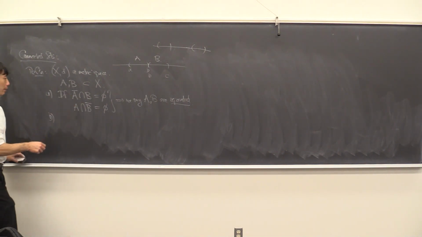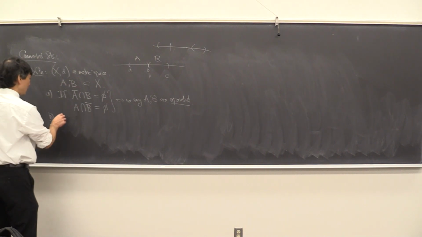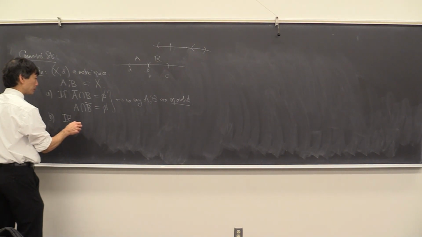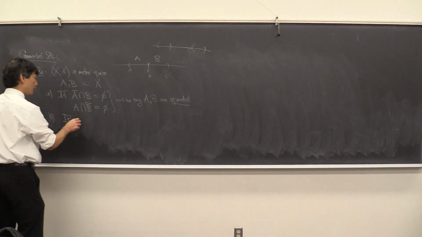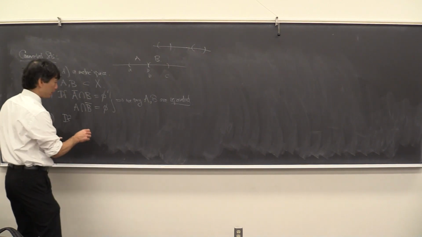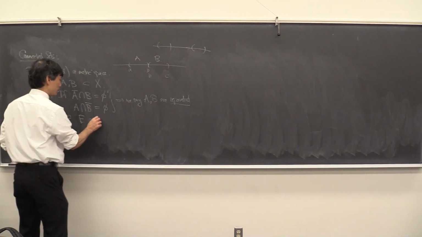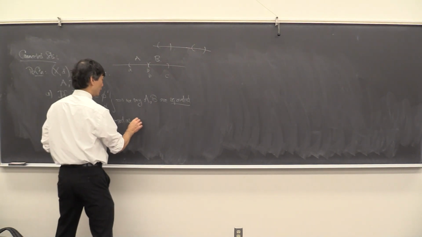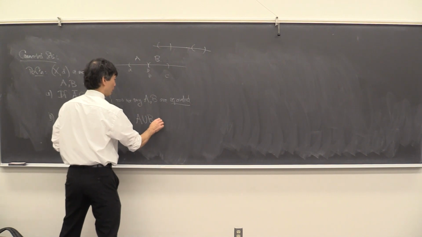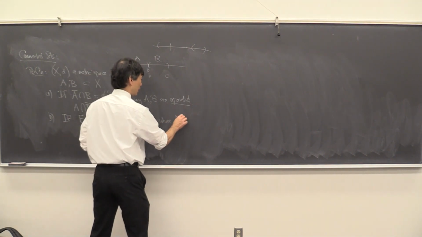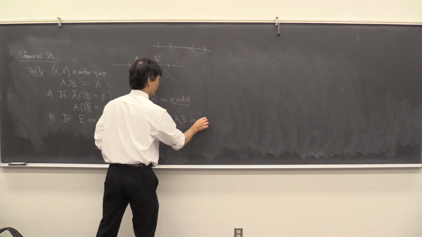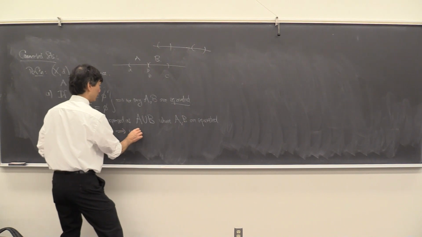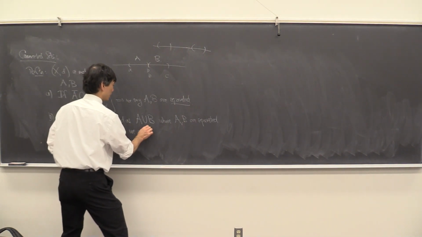Okay. And then we say, let's do it this way: if E can be expressed as a union of A and B, where A and B are separated, then we say E is disconnected.